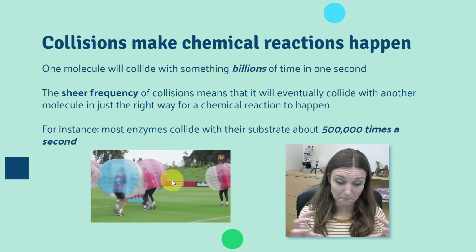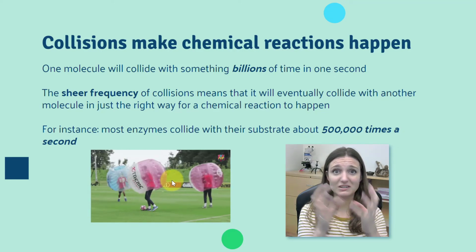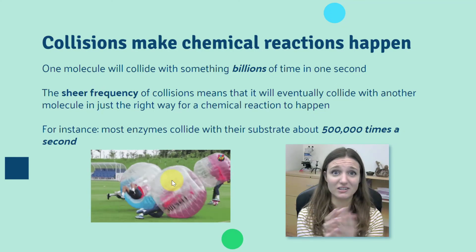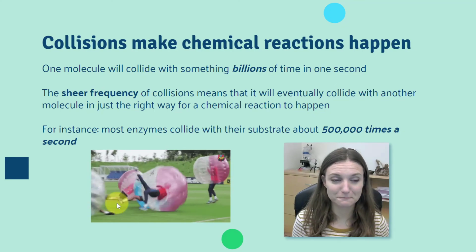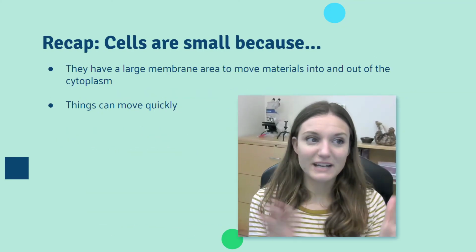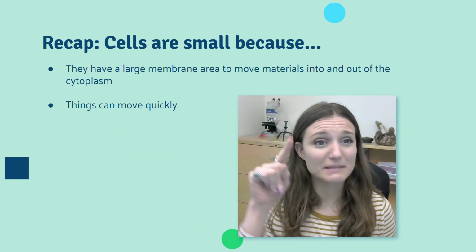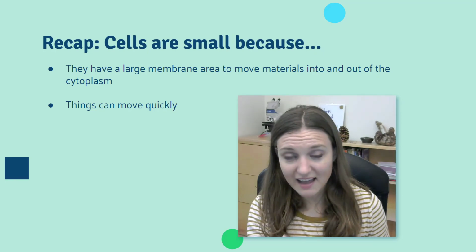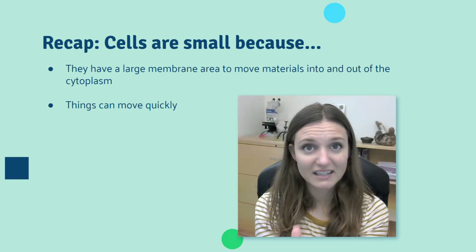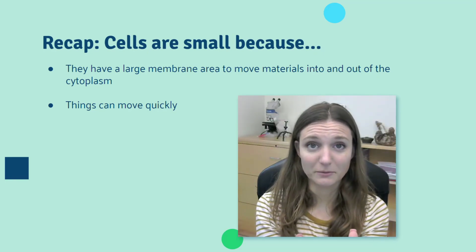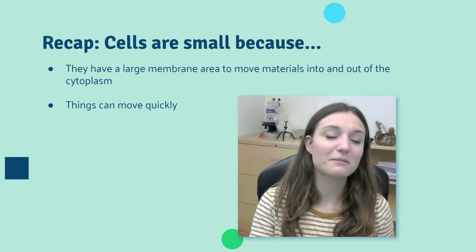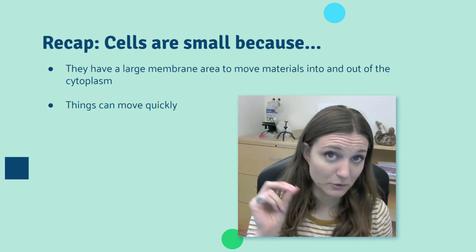And it is just a busy, buzzing almost, like a hive of bees just constantly buzzing and bumping into each other. So recap, big idea here: cells are small because that maximizes the amount of surface area they have, the amount of membrane area that's in contact with the outside environment, and because things can move very, very quickly.